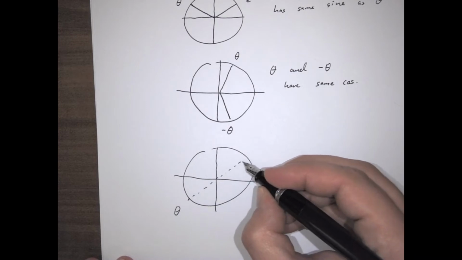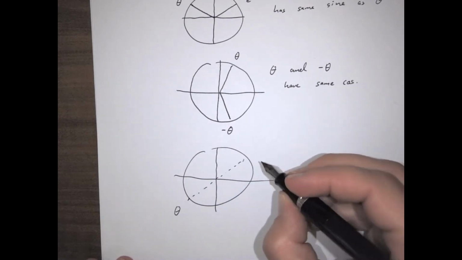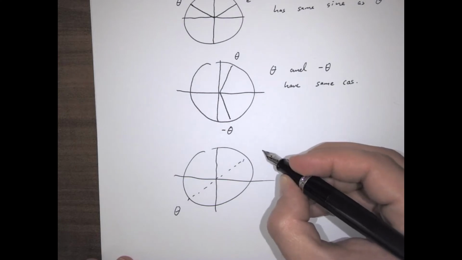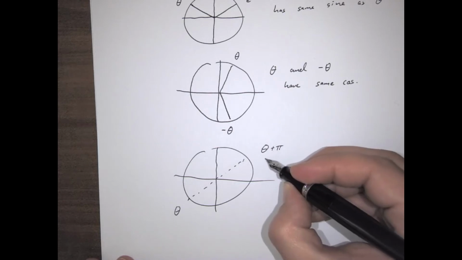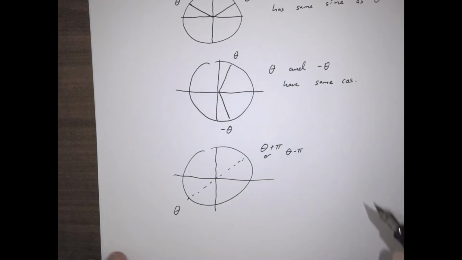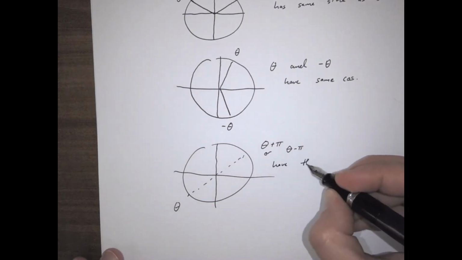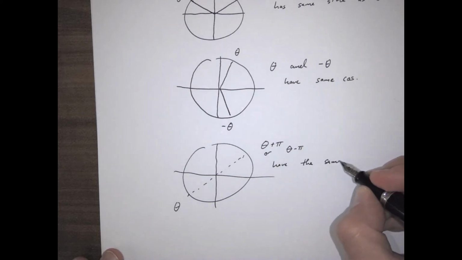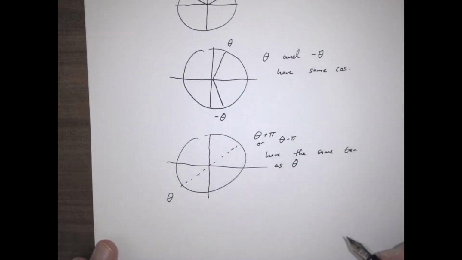Here, this is just using the fact that theta is periodic, and you can just say, whichever is more convenient. You can say theta plus pi, or theta minus pi, if the numbers would make that a little bit nicer. And those both have the same tangent as theta, because tangent is periodic with period pi.